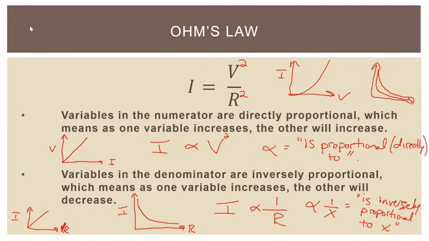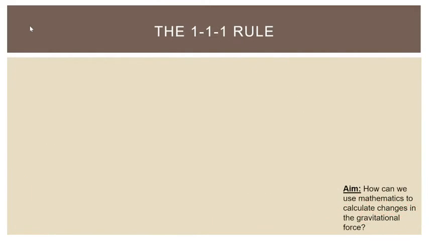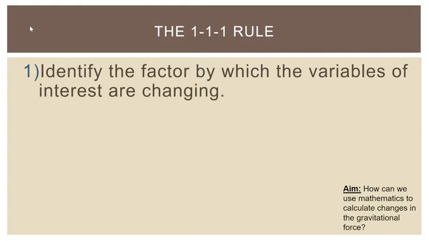So what I think we should do here is just write down the steps. Then we'll go through a number of examples, and then I'll give you a couple to do on your own. So for the 1-1-1 rule, there's 4 main steps. The first thing that you do is you identify the factor by which the variables of interest are changing.